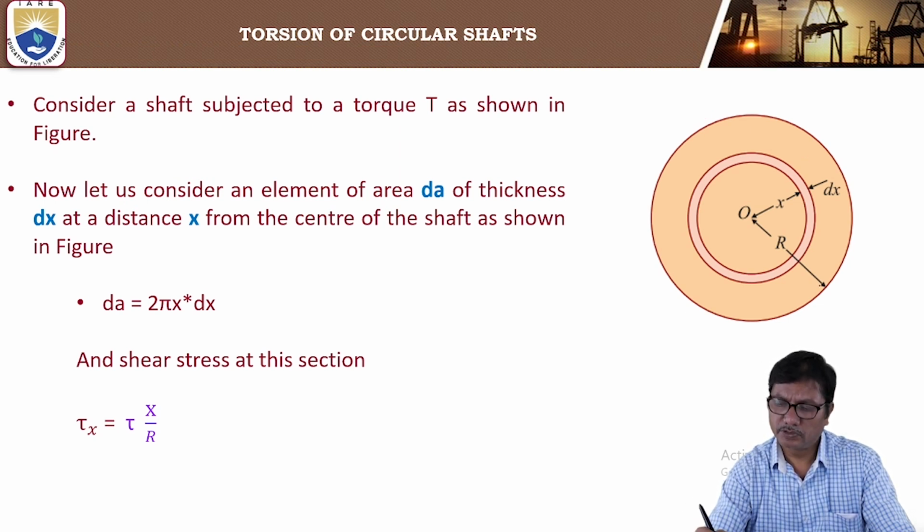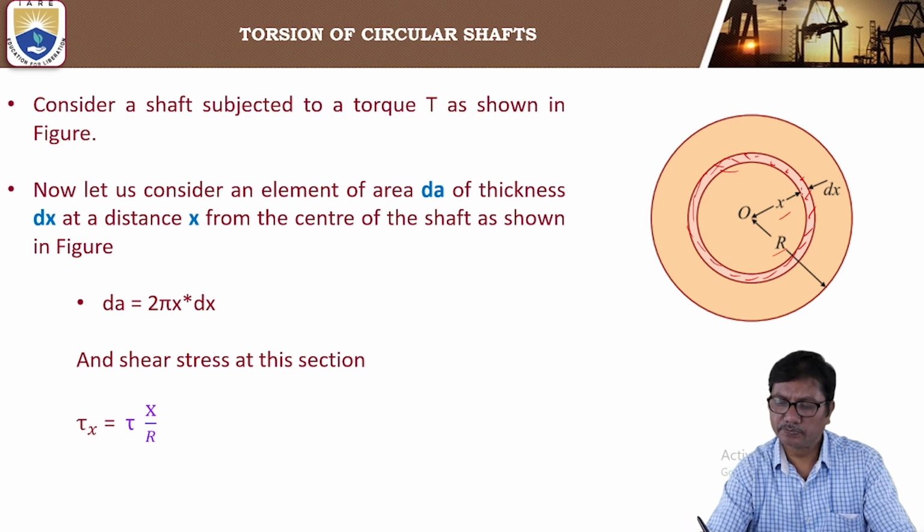Now, to derive the other part of this equation, let us consider the cross section of the shaft with radius R, and consider a small elemental ring with area dA at a radial distance x and thickness dx.